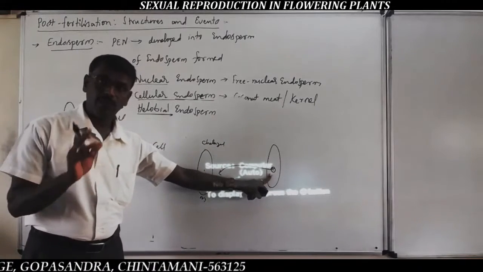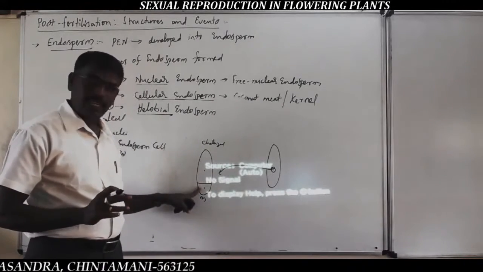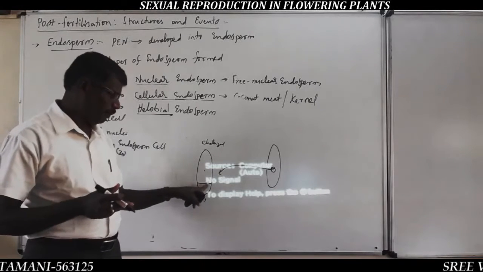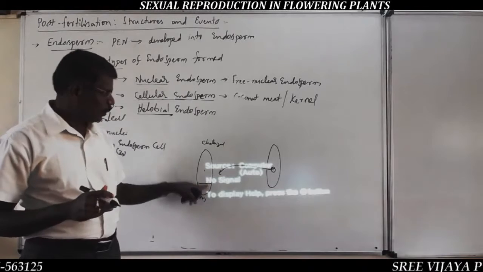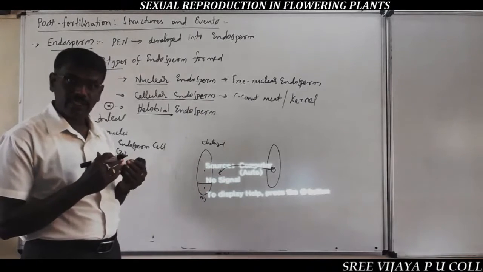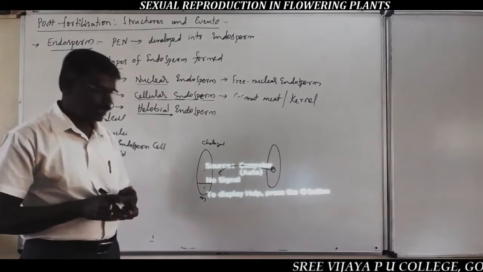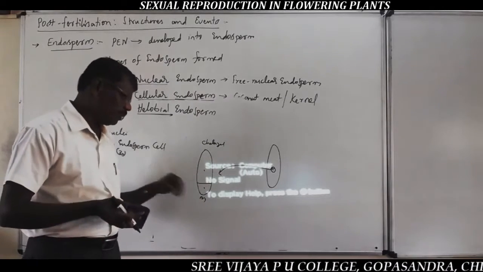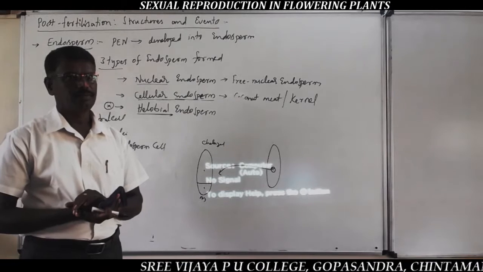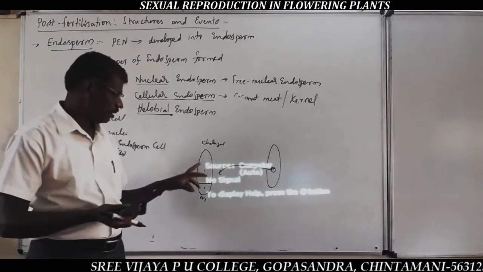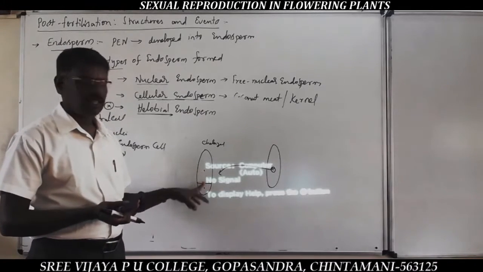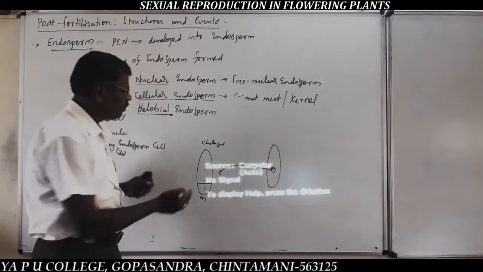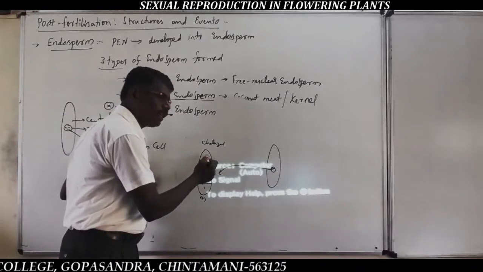The primary endosperm cell is divided first unequally by formation of a cross wall to form two cavities, a large chalazal and a small micropylar. Large chalazal, small micropylar.